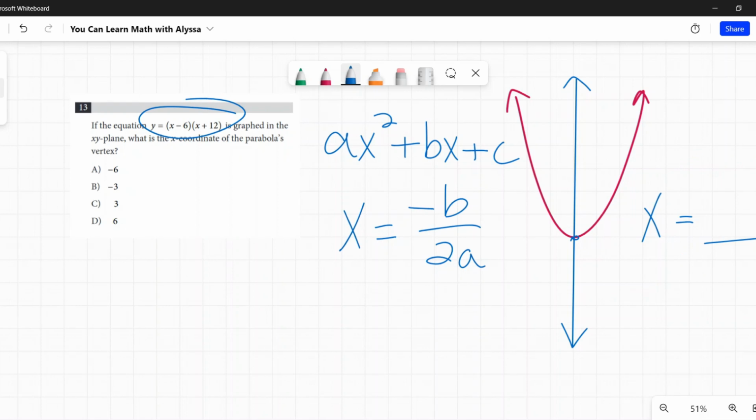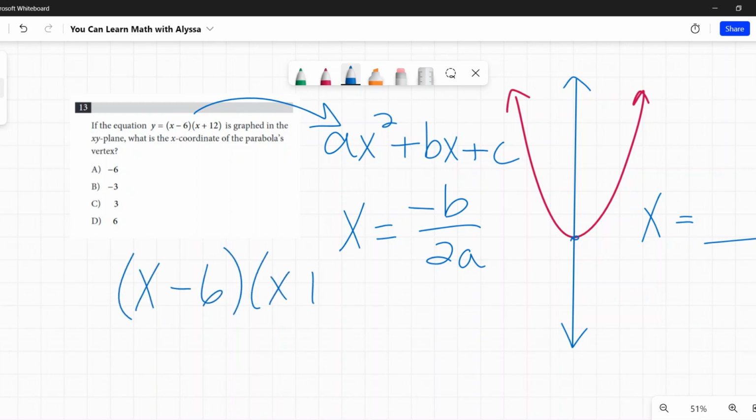So the quickest way to do this, honestly, is to take this factored quadratic and use FOIL, or binomial multiplication, depending on what your book calls it, to get it into this form. So let's do that. We have x minus 6 times x plus 12.